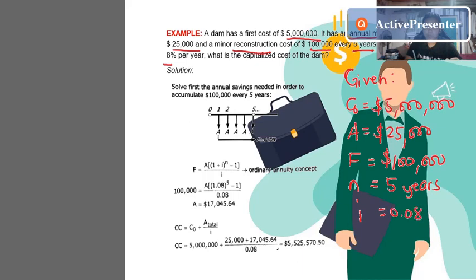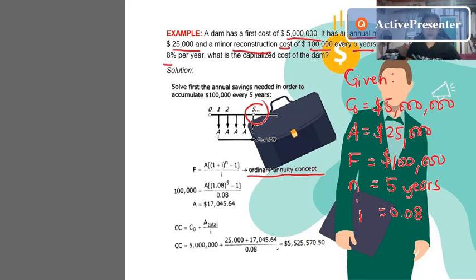So first, we need to solve for A, which is the annuity of our reconstruction cost. We need to use the formula for the ordinary annuity concept, since the number of years given is 5 years.